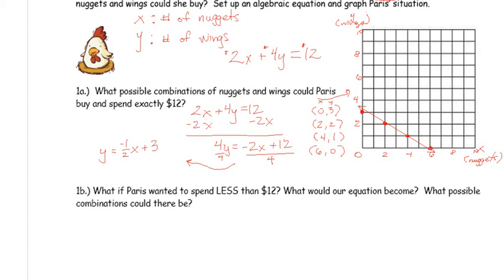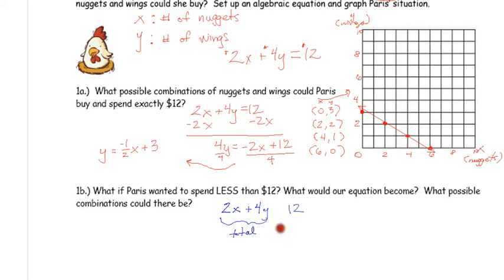Well, if I think about what this is asking me to do, I have $2 for every pound of chicken nuggets plus $4 for every pound of chicken wings, and that's equal to $12 here. This again is my total that I can buy.